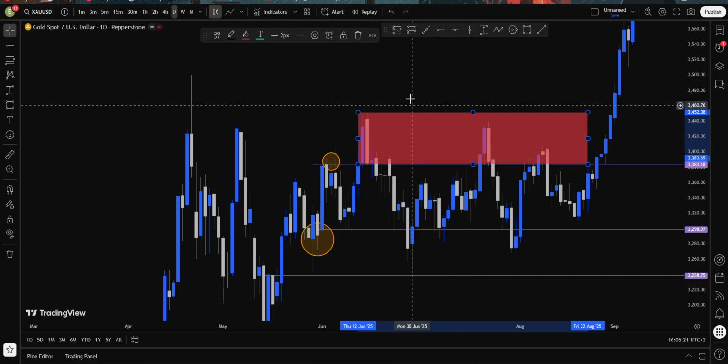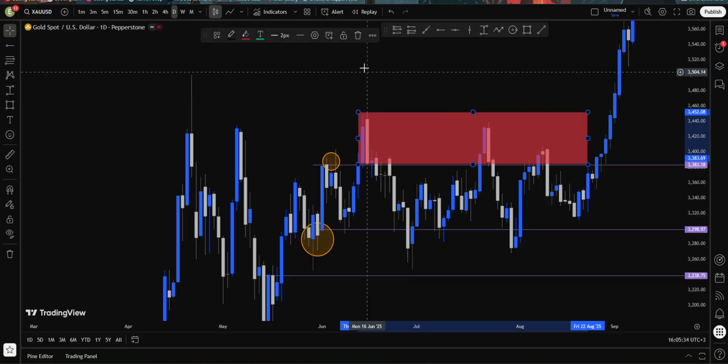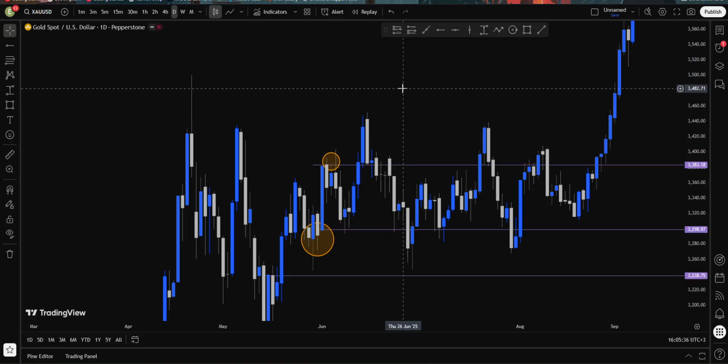Let's count how many pips there are. Almost 400 pips. But if you mark your levels in an accurate way, you are preventing all those risks of having a huge stop loss.